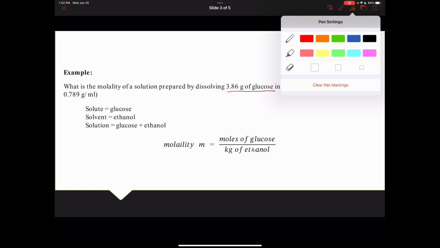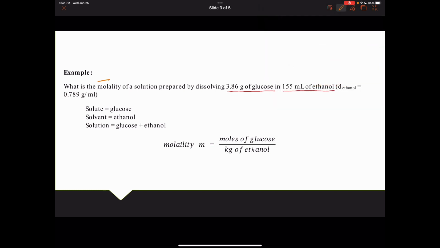Now we are being asked for the molality. We've got to look back at that definition. It's moles of solute per kilogram of solvent. So to find the molality, we need moles of our solute glucose divided by kilograms of our solvent, the ethanol.